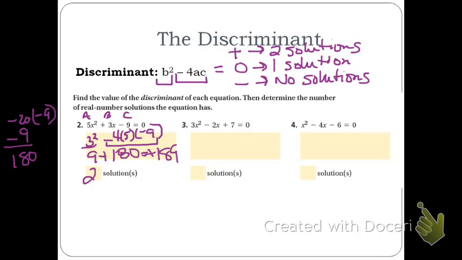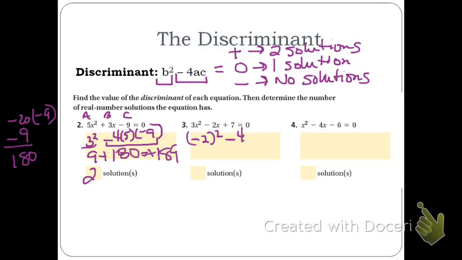In question number 3, if we fill that into the equation. B squared, so that's negative 2 squared. Notice I put the negative inside parentheses. If you're using a calculator, this is very important that you also use parentheses with your calculator if you're trying to figure out what negative 2 squared is equal to.